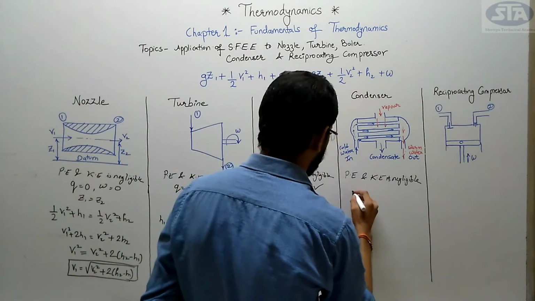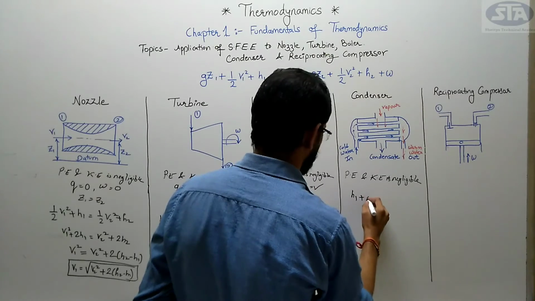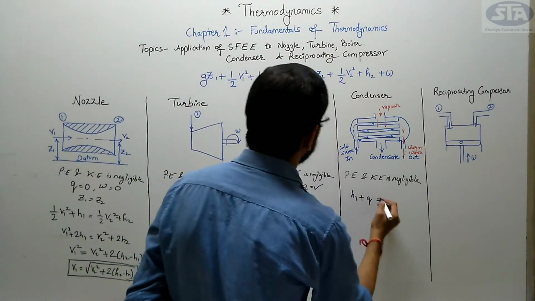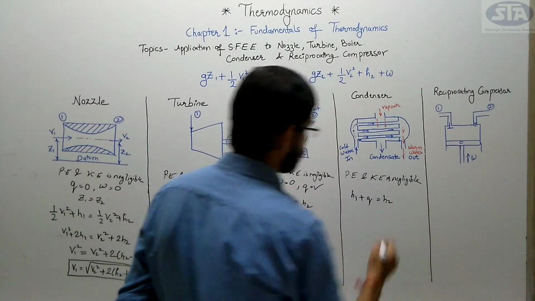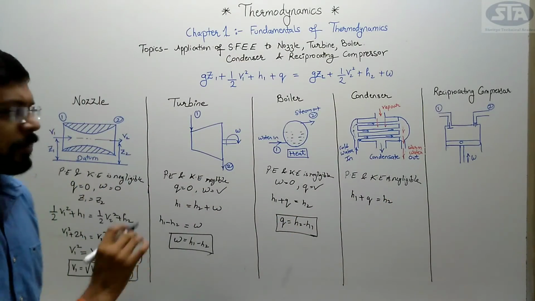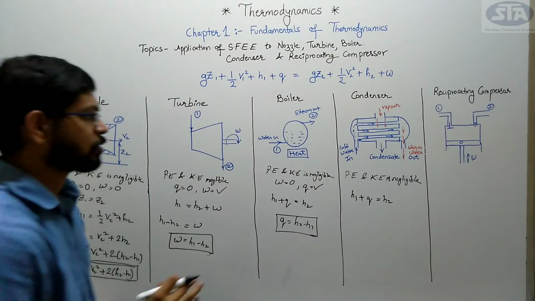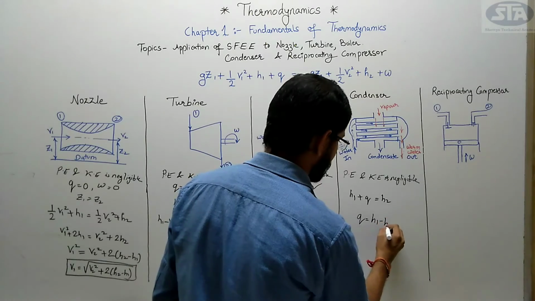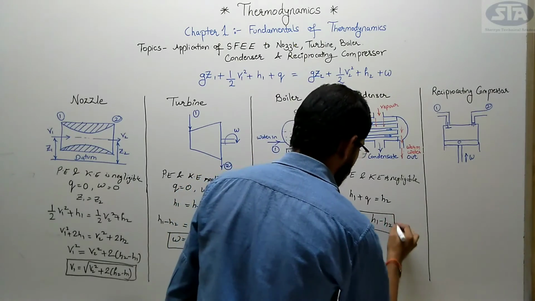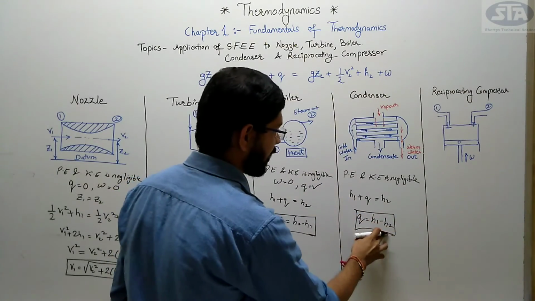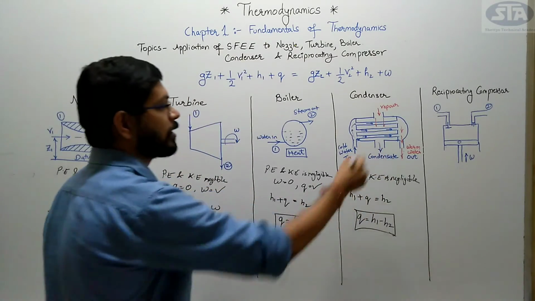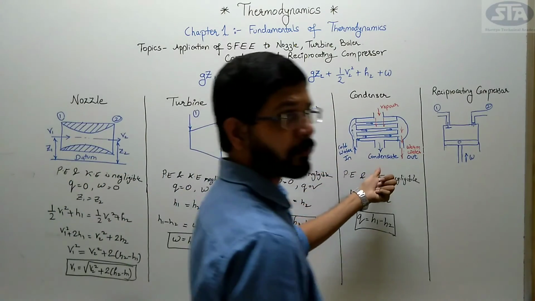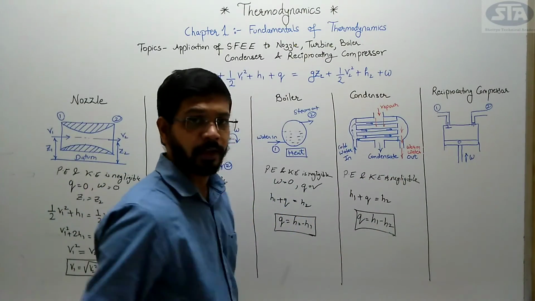Here only my term H1 plus Q will be equal to H2, right? H1 plus Q will be H2. So what will be my Q? H1 minus H2, right? Why am I considering H2 as negative? Because the enthalpy will be less. The enthalpy in the vapor will be more and the enthalpy in the condensate will be less. So it is H1 minus H2.